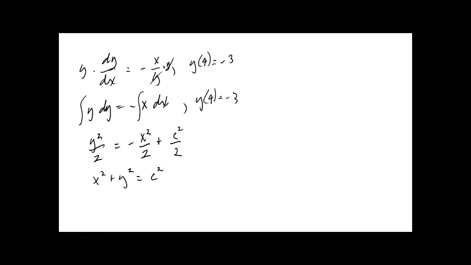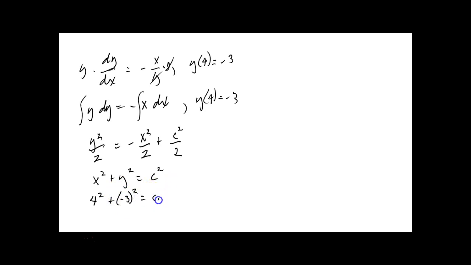And what would this describe? A circle, exactly, of radius c. But we do know two values here. We know when x is equal to 4, that would be 4 squared plus y is negative 3 squared.